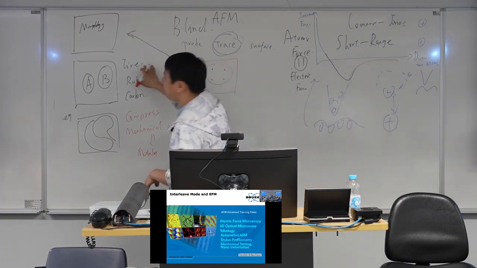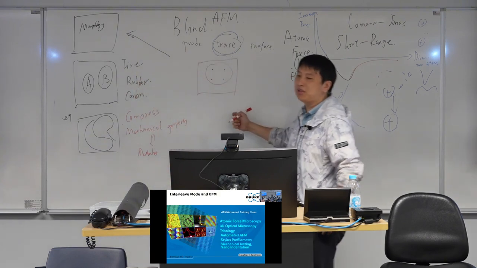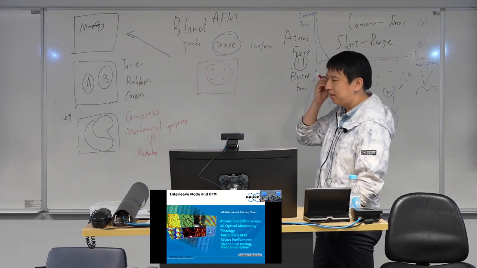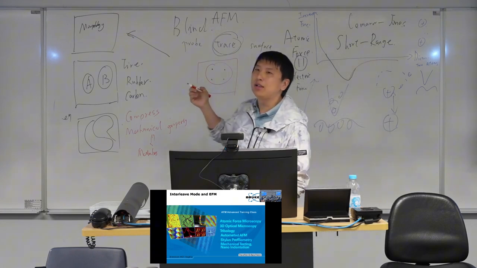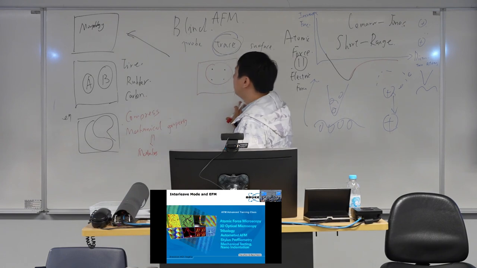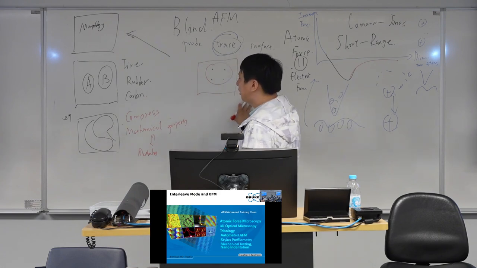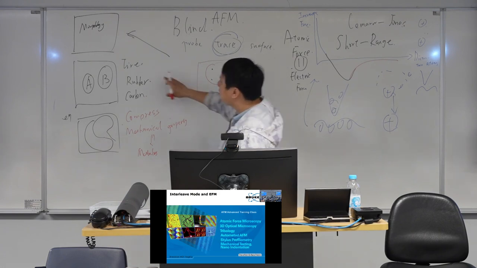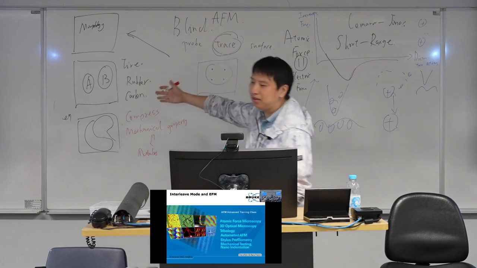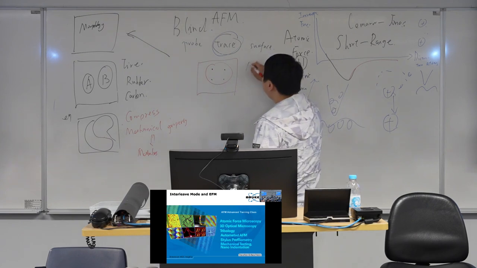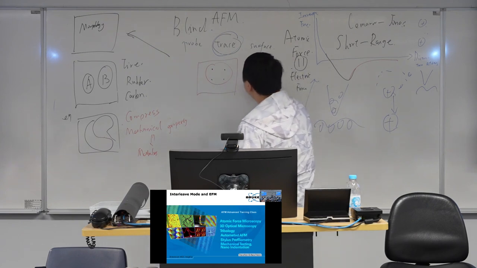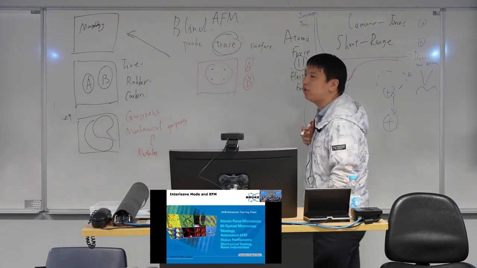Our customers from the tire company gave the AFM companies this kind of problem. How can we distinguish that? We cannot use the mechanical properties to distinguish rubber and carbon. Then what next? We still need to find a way to tell the difference between two materials.